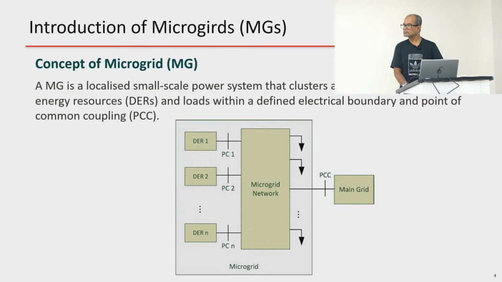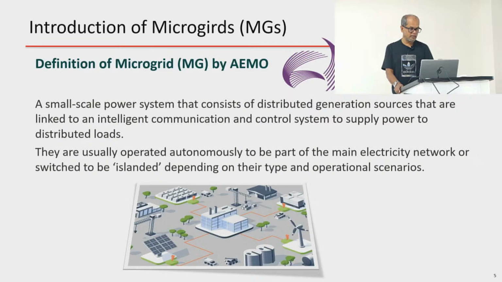Now the size of the microgrid could be many different sizes. For example, if you have a small building, even your home, that could be a microgrid, or even a few homes together, or this university campus might be a microgrid.